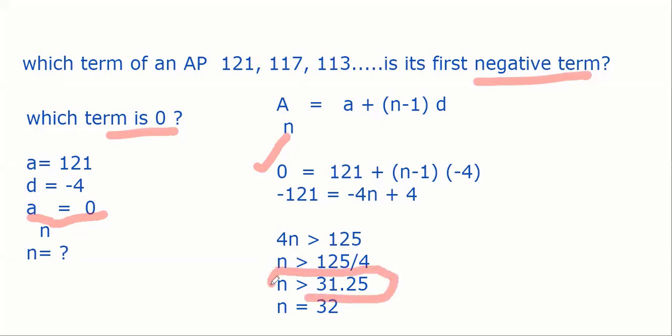We got n equal to some value. From the first term to the 31st term, they will be positive. After the 31st term comes a term which is 0 or negative. The next term after the 31st is the 32nd term, because n cannot be a fraction. So you can say the 32nd term is the first negative term.